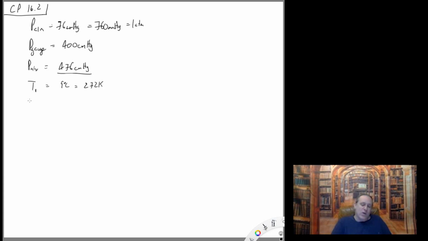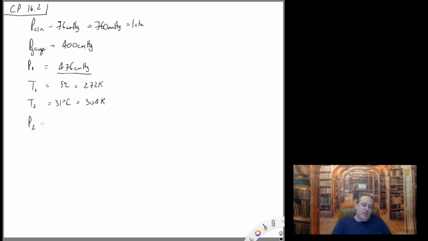So this is kind of a T1, and there's a T2, which is 31 degrees C, and in Kelvin, that's going to be 304. We add 273 to 31, we get 304. Okay, so this pressure that I called the absolute, we should just call that pressure 1.